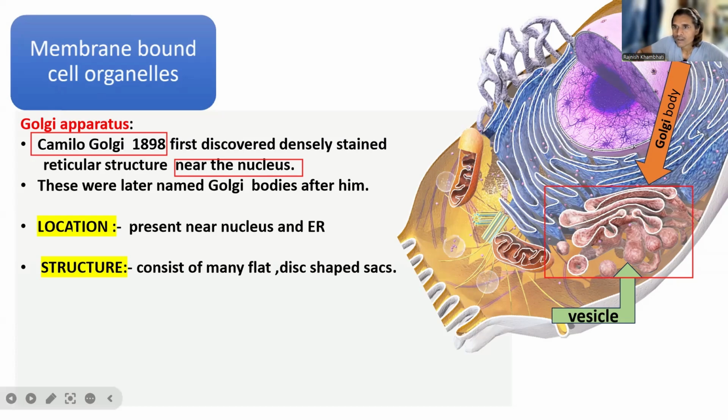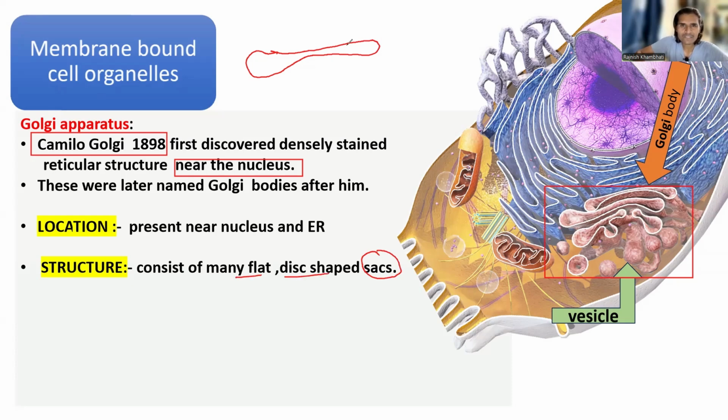structures. Let us draw it. If you want to learn how to draw, this is the way to draw. This is one sac. It's a disc-shaped structure, maybe a flat structure.